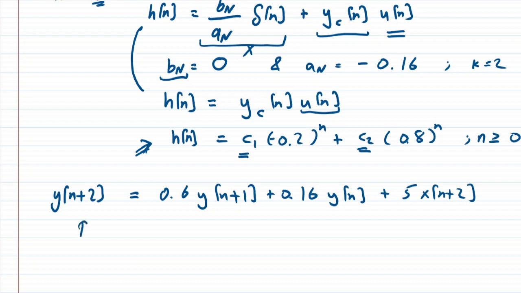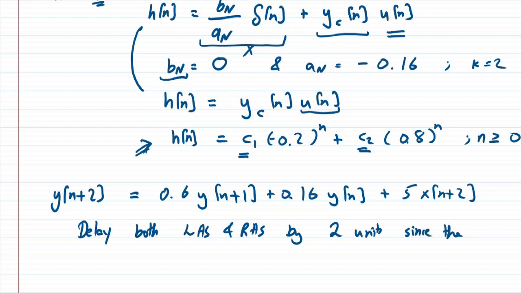Now we delay both sides, that is left hand side and right hand side, by 2 units, since the system is LTI and more precisely it is time invariant.